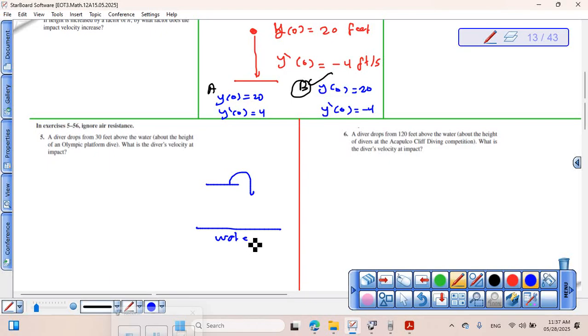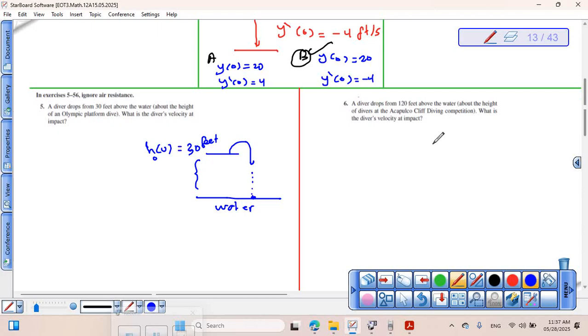This is the height, we can write h null or h at 0 equals 30 feet, above the floor of the Olympic platform dive. What is the diver's velocity at impact? When the diver hits the water, what is its velocity? This is the question.